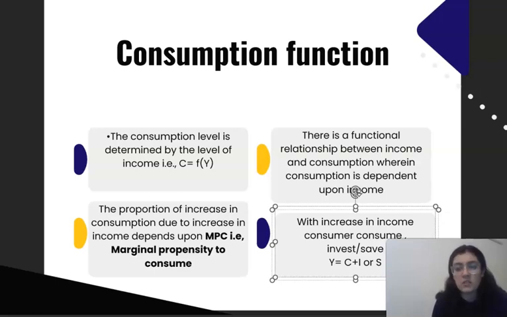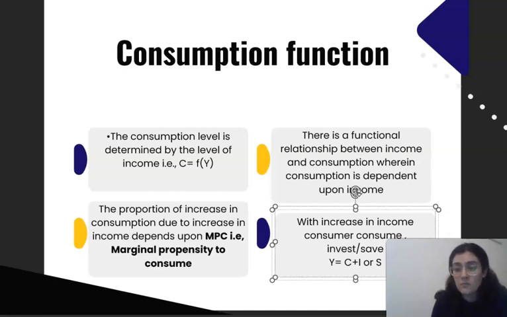Next point: you have understood the income and consumption relationship, but to what extent does income determine the consumption level? That depends upon our marginal propensity to consume, that is MPC. That is the proportion of increase in consumption due to increase in income. I'll tell you the formula in the upcoming slides, but with an increase in income, consumers will either invest or save, so both increase if the income is increasing.